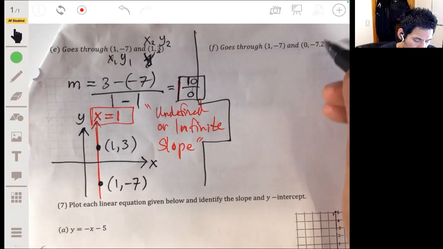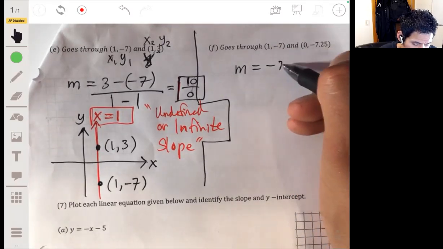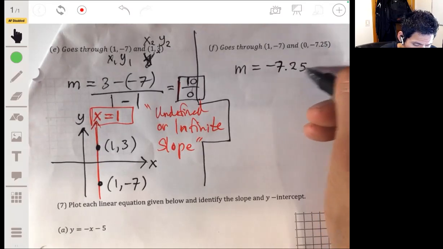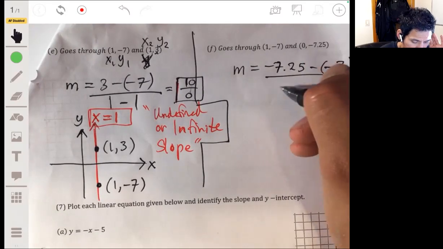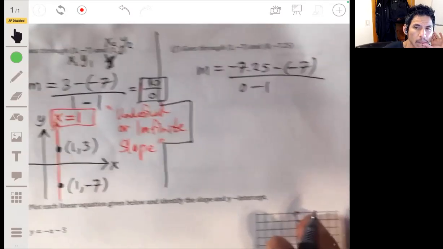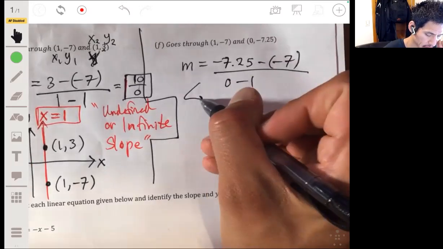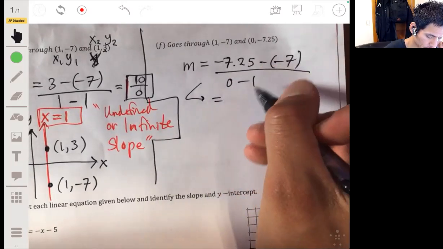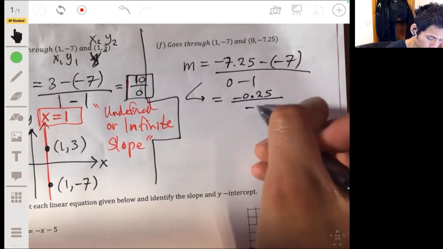Okay, one more. So slope m equals -7.25 minus -7 over 0 minus 1. So then this means that we got -0.25 over -1.